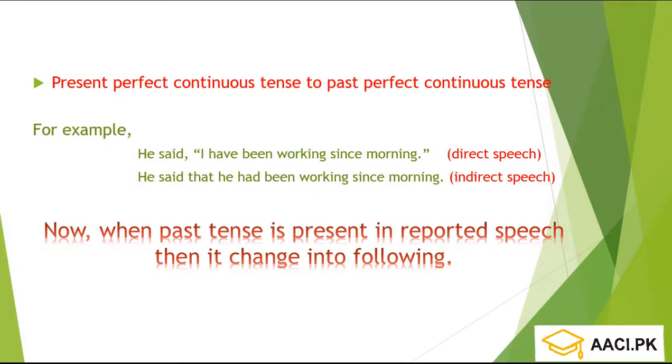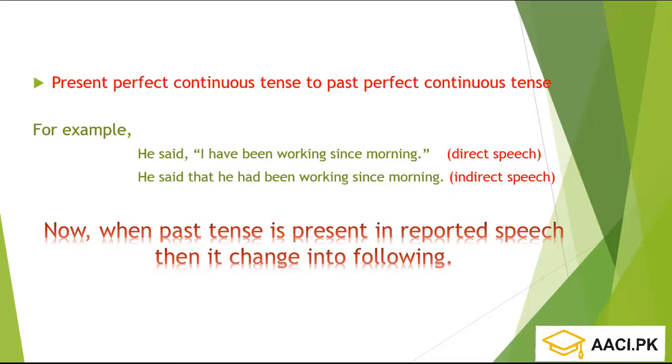Present perfect continuous tense is converted into past perfect continuous tense. For example, he said, I have been working since morning. This is the direct speech. In indirect speech, we can say, he said that he had been working since morning.